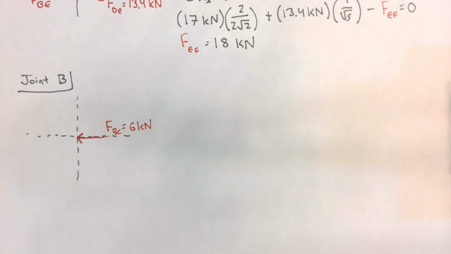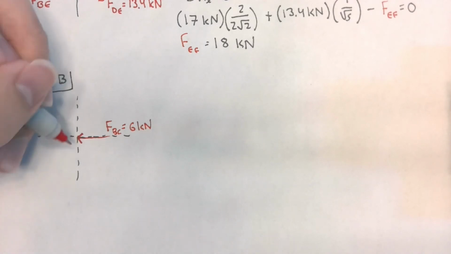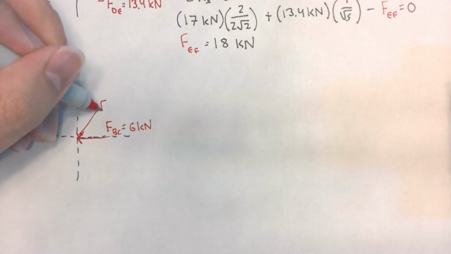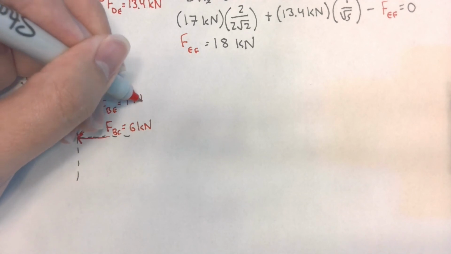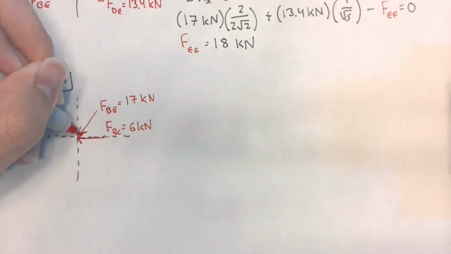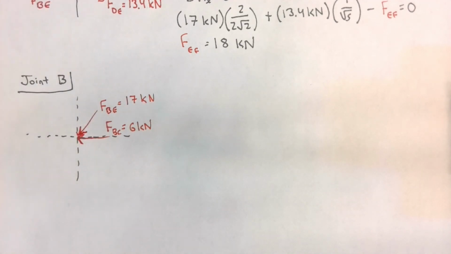And yeah, this is joint B. We have a force from B to E, which we also found to be 17 kilonewtons in compression. Yep, all right, so we have this so far.